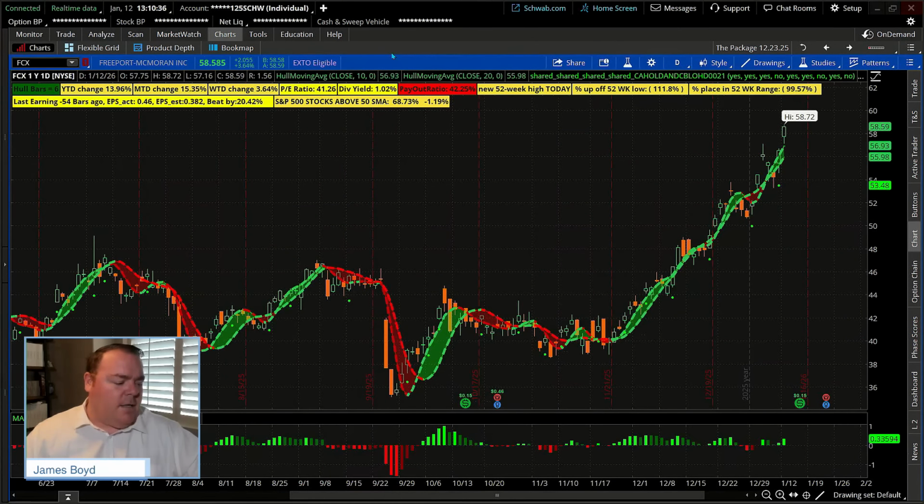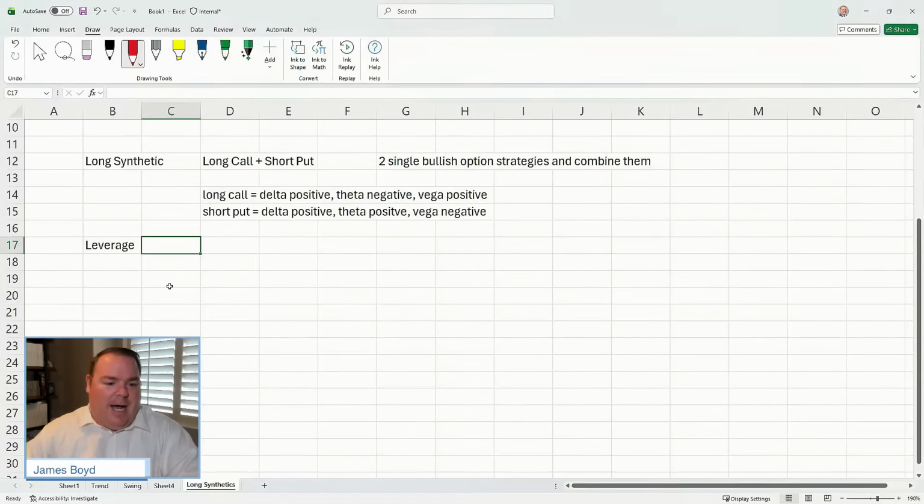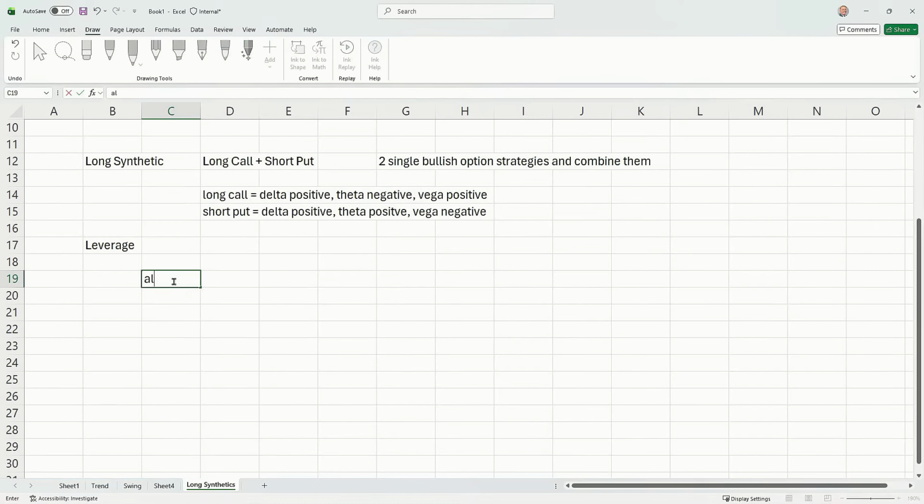Now, I want to talk real quick about the structure of this trade. First off, you can do what's called all at once, or you could do what's called leg in. All at once means we're just going to buy the call and sell the put together.